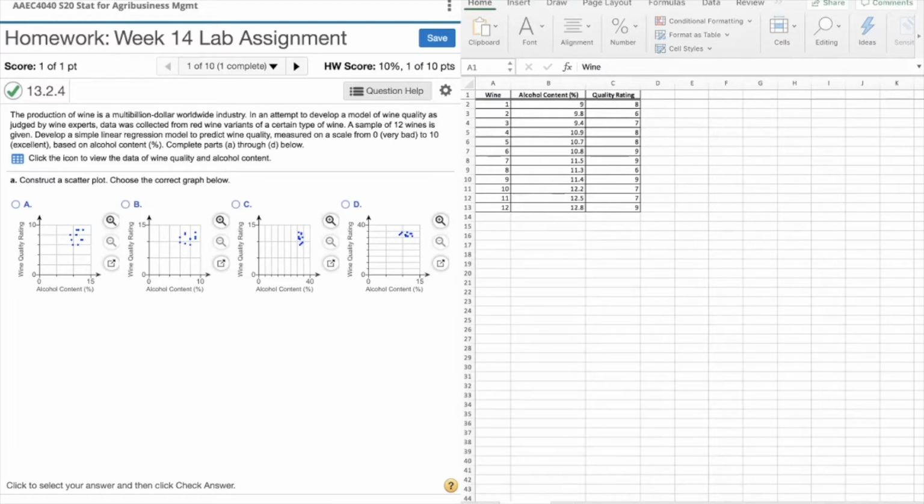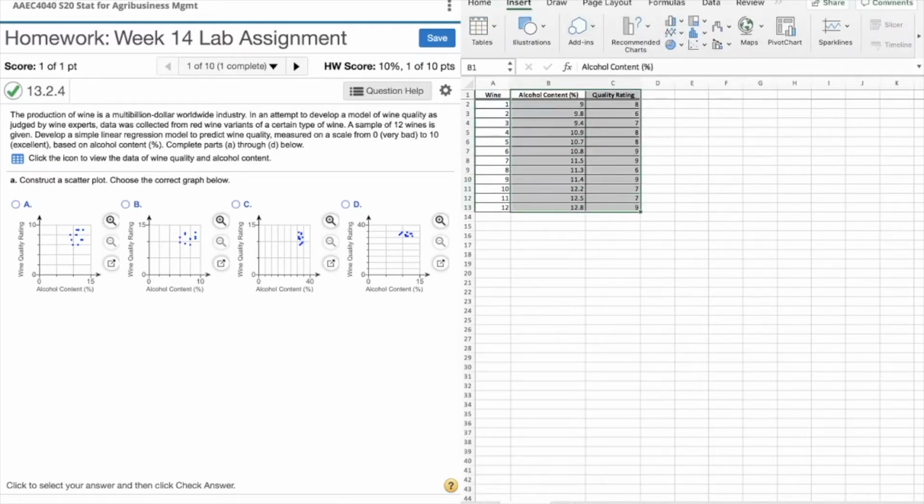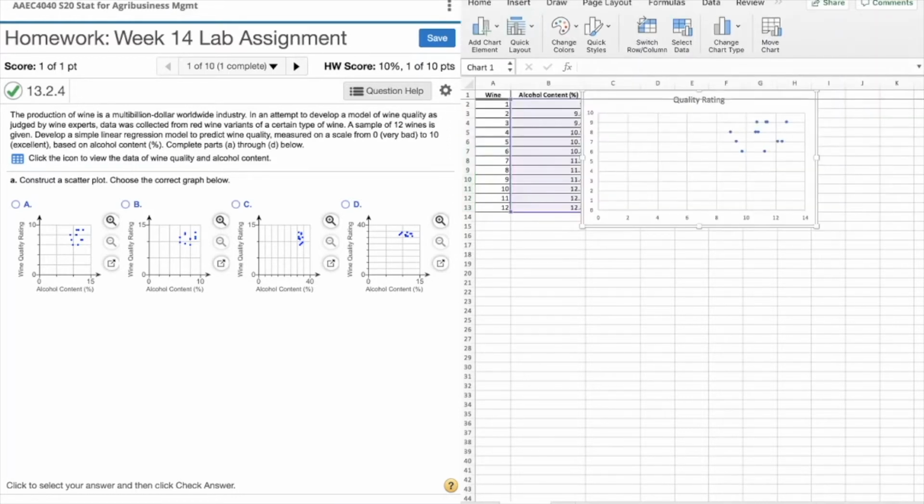In part A, it asks you to construct a scatter plot, so we can do it in Excel. We can choose A here because we get a similar graph.